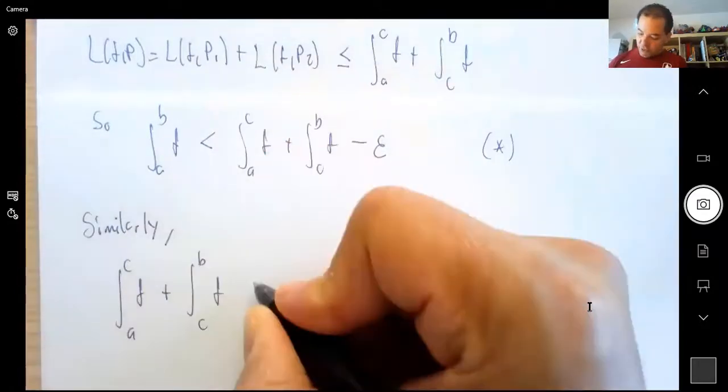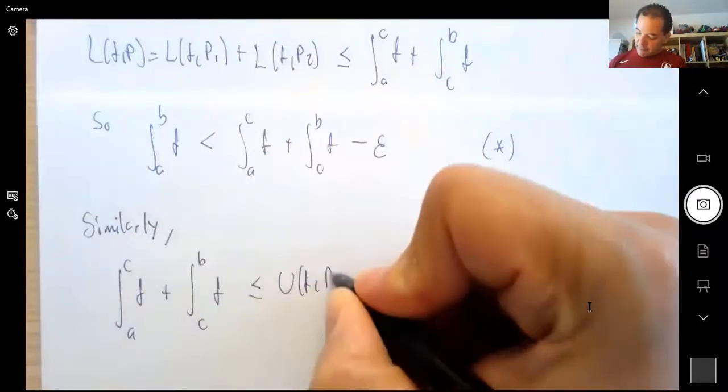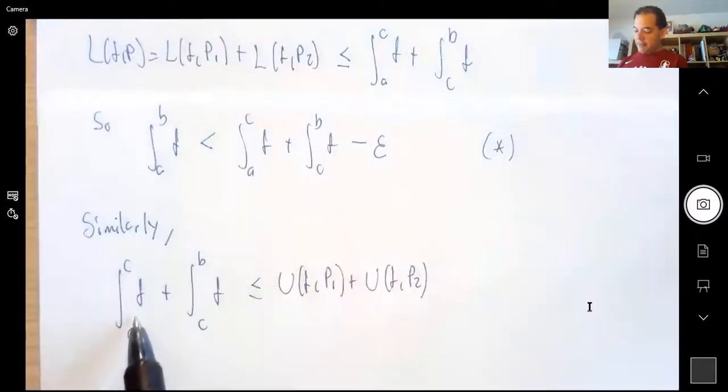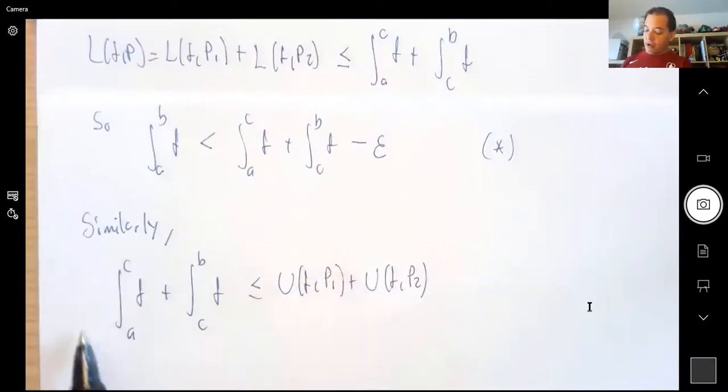Well, this is for sure less than the U, because this is the same as the upper integral, right? And the upper integral is the infimum of all the upper sums. So this is the lower bound over all the upper sums. And this is also a lower bound over all these upper sums. So in particular for P1 and P2.